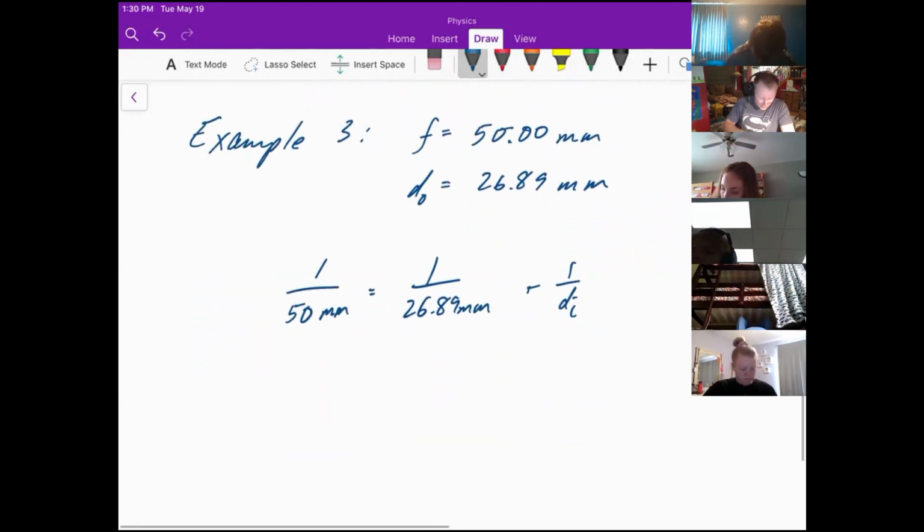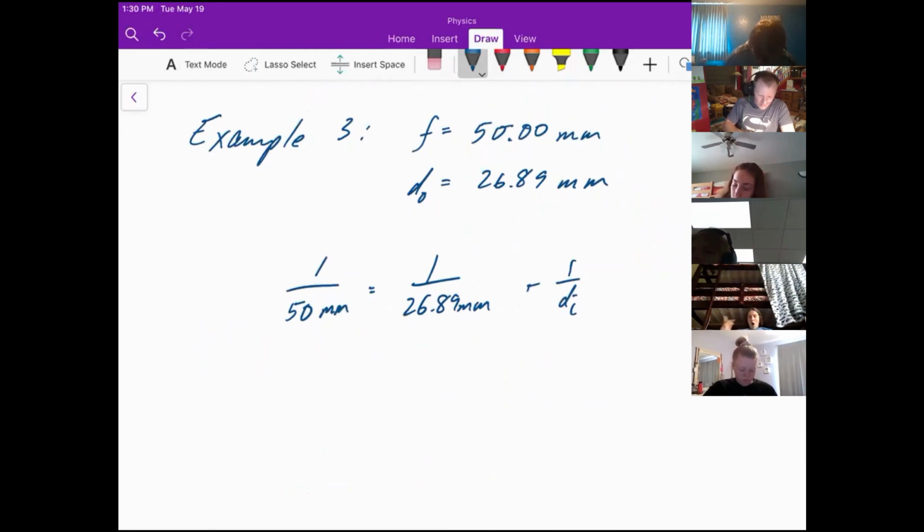So I'll subtract 1 over 50 minus 1 over 26.89. And I get, again, a negative, of course, -0.01719 millimeters to the -1, and that's 1 over di.